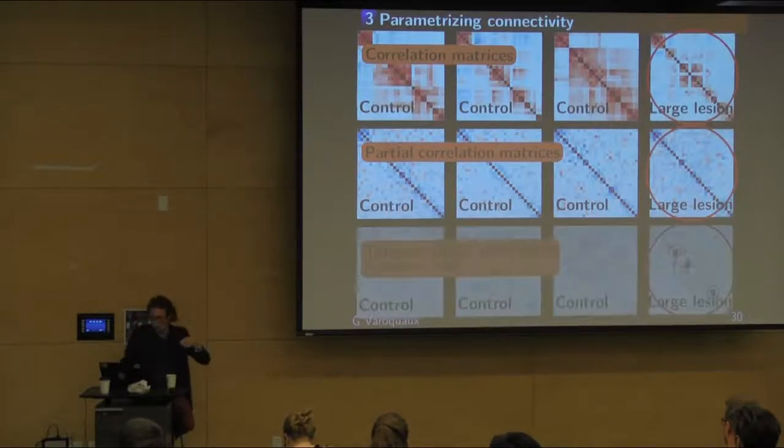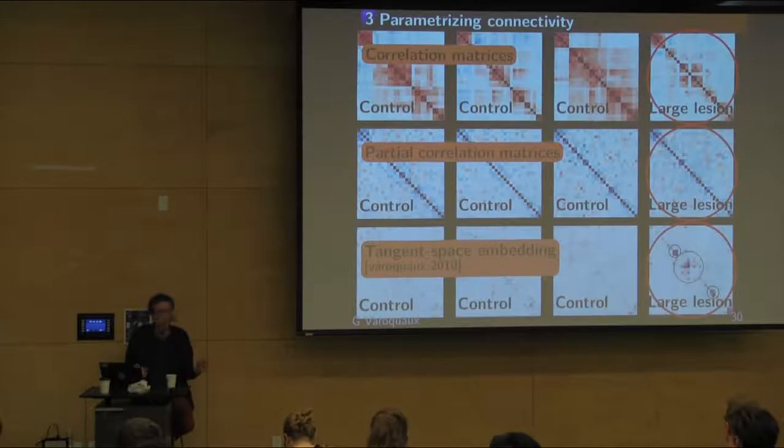So this is what I'm showing you here. And what you're seeing is exactly what I told you, which is that for the control, we just have white noise. We have unstructured noise here for the control. But for the patients, we have clear differences, okay?